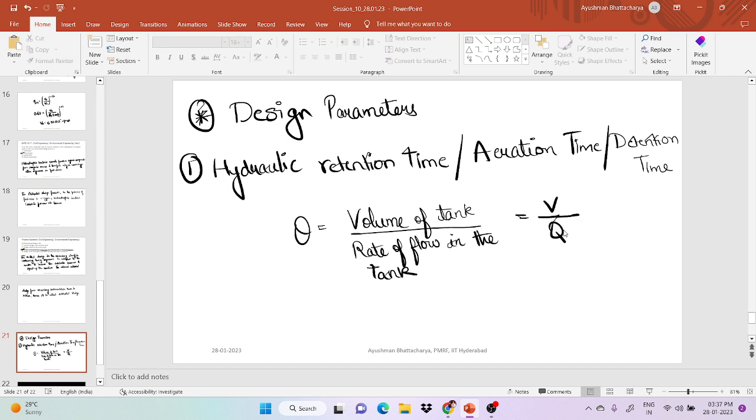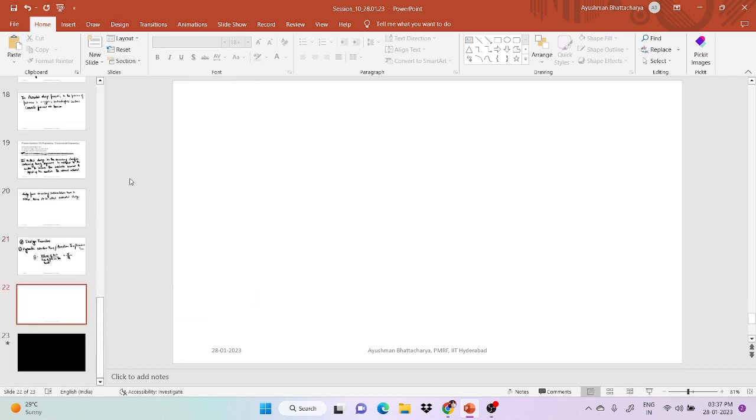Now there is another term which we call volumetric BOD loading.